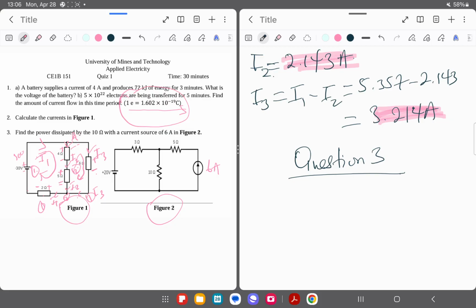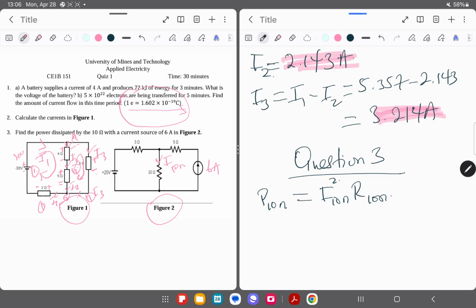Again, you can simply write the power dissipated by the 10 ohms to be equal to the current that is passing through the 10 ohms, which is this one here, squared, times its resistance, which is 10 ohms. So this is the formula.